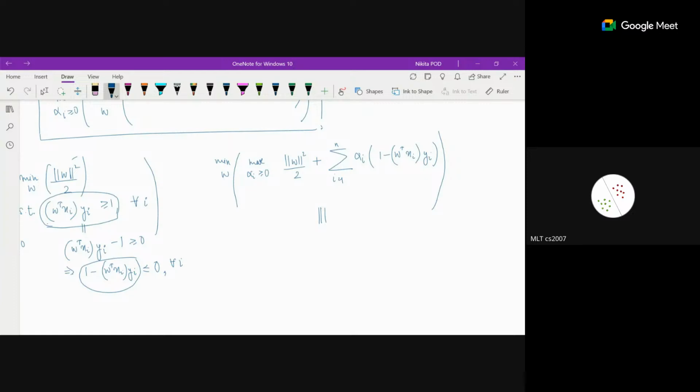So this can be written now as max over alpha i greater than or equal to 0, min over W, half of norm of W square, plus sum over alpha i times 1 minus W transpose Xi Yi, where i is varying from 1 to n. Alright, so this is my problem now.